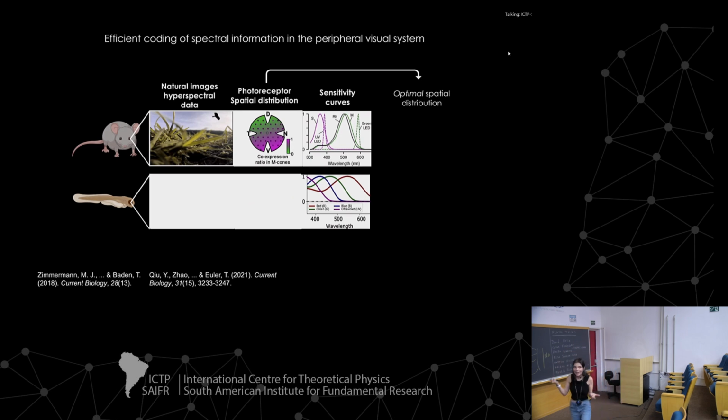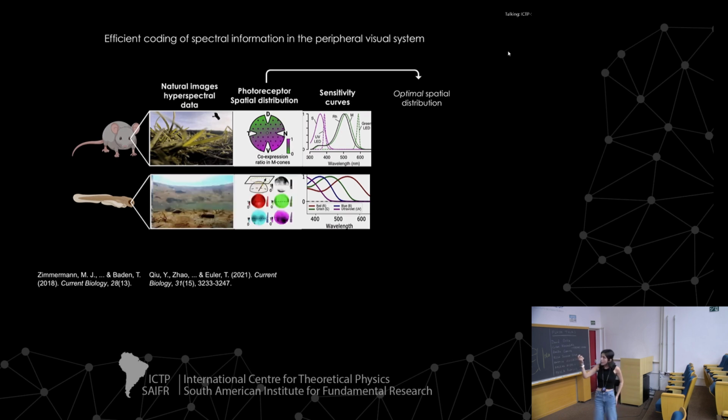And this is, again, efficient coding theory, people trying to make predictions on biology, about what we are observing, and trying to bridge the gap between function and why we have this function. There are also some works in the case of zebrafish. They also found some spatial distributions of photoreceptors.